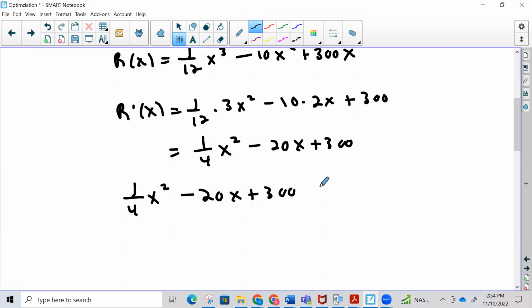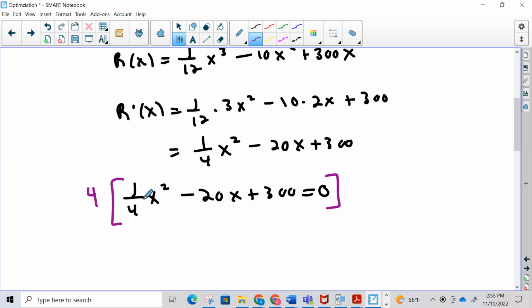Okay, and you have two options. You could do the quadratic formula or you can factor. Now, because this is an equation and it has a fraction, it's usually easier to get rid of the fraction. As long as you have an equation, you can multiply everything by what's in the denominator, so you can multiply everything by 4.